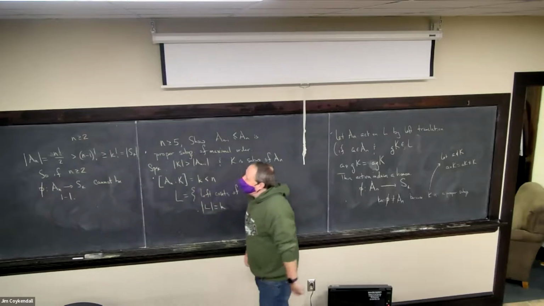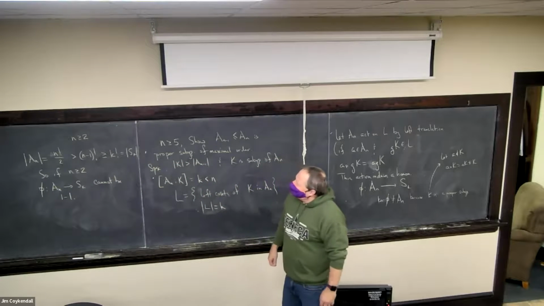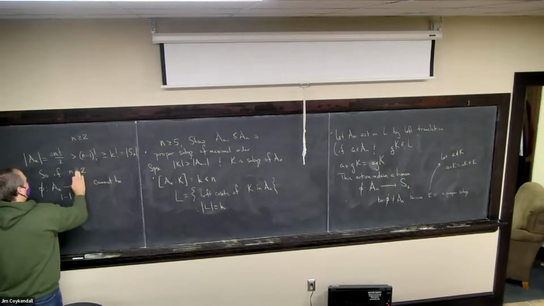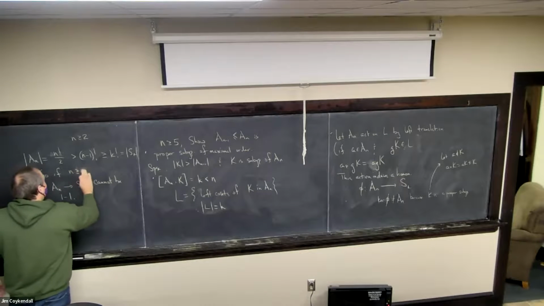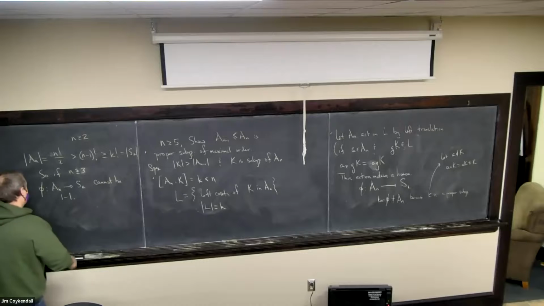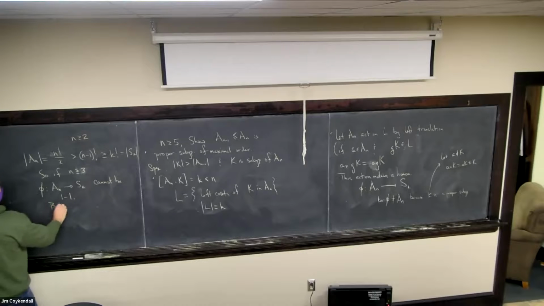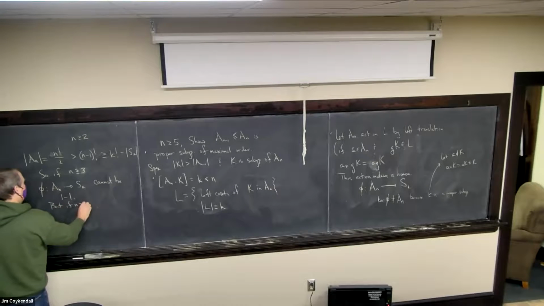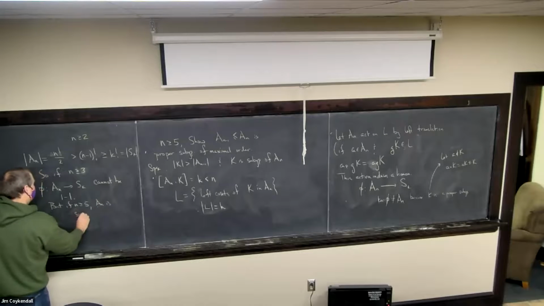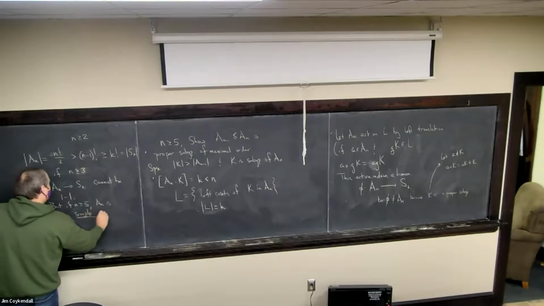And even for 2, it's strictly bigger. But if n is greater than or equal to 5, An is simple. And there's your contradiction.